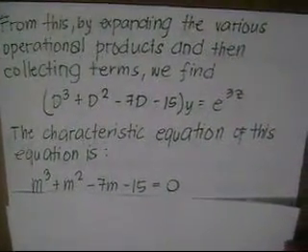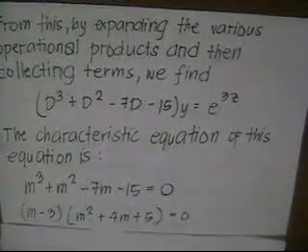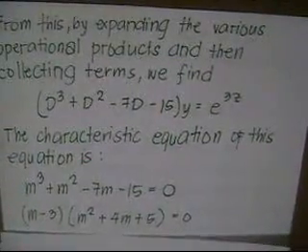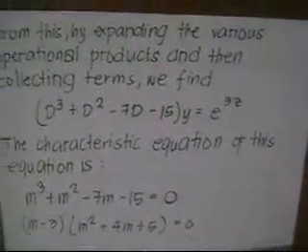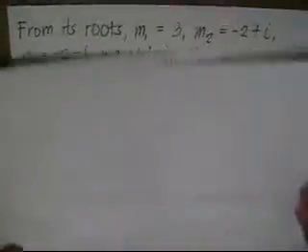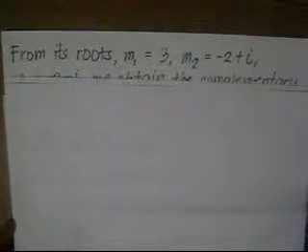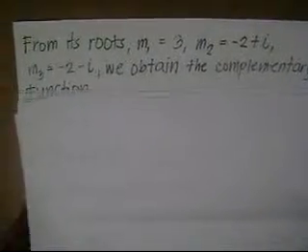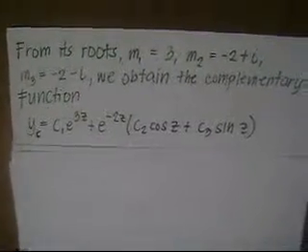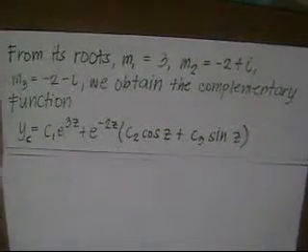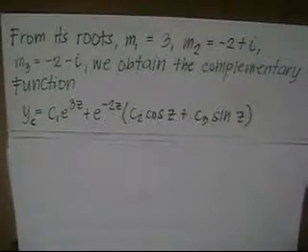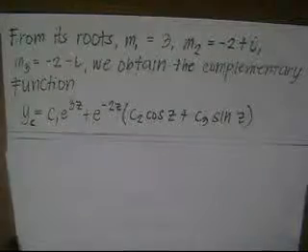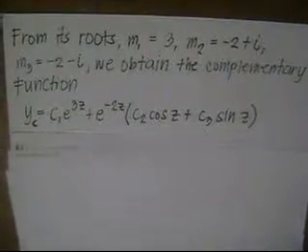Thus, the factors are (m - 3)(m squared + 4m + 5) = 0. From its roots, we have m1 = 3, m2 = -2 + i, m3 = -2 - i, and we obtain the complementary function, which is c1 e^(3z) + e^(-2z)(c2 cos z + c3 sin z).